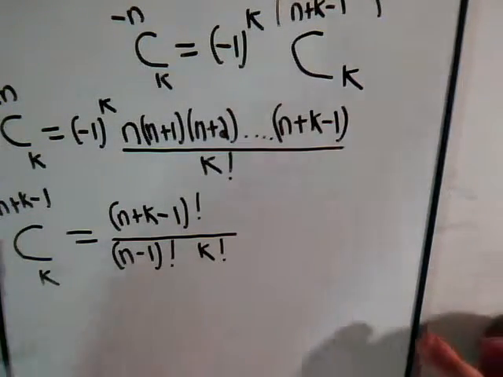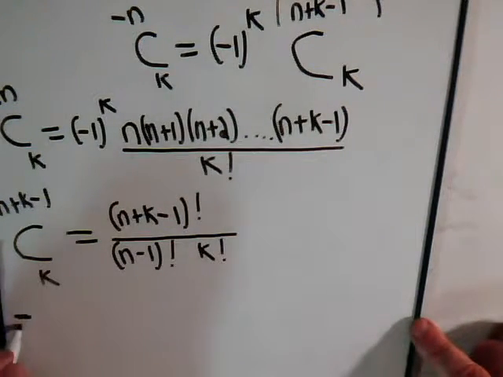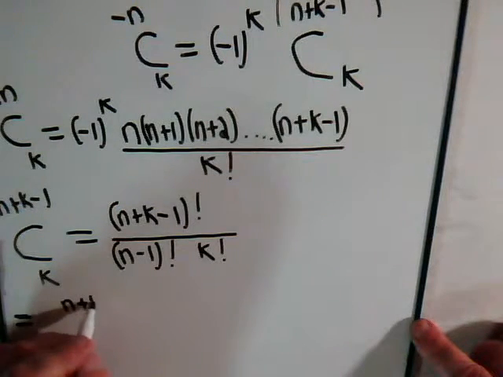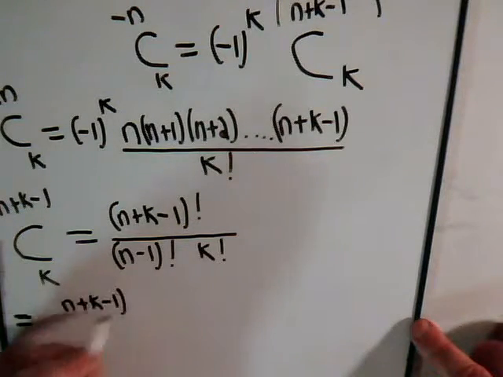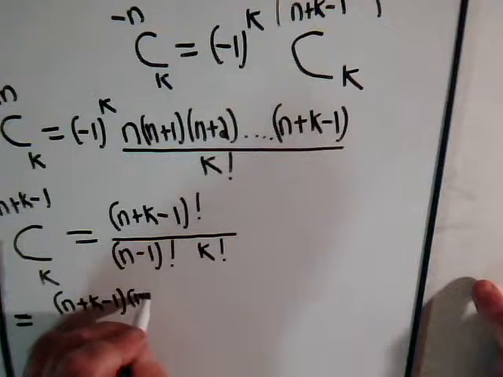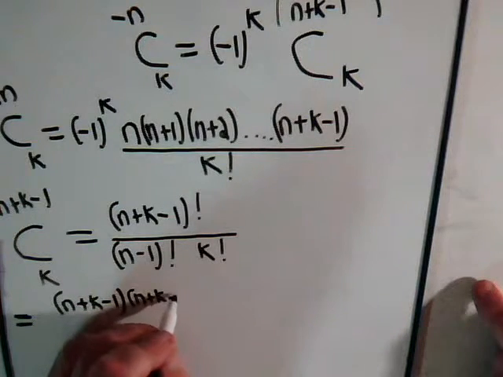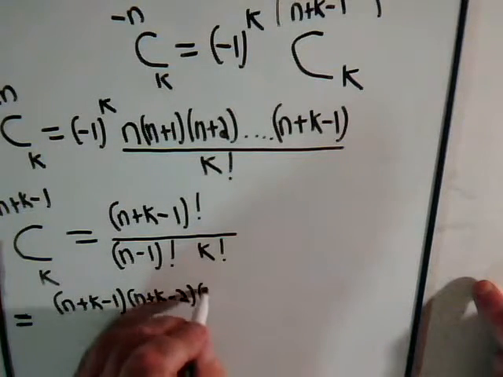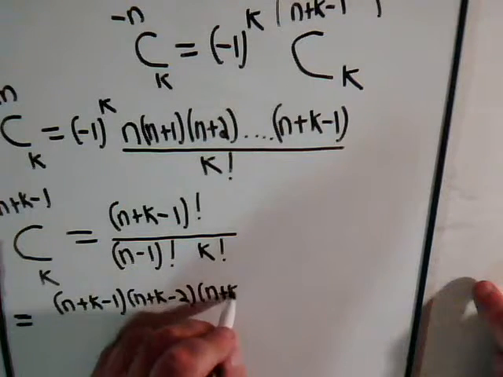What is the numerator going to be equal to? Here we have n plus k minus 1. Then the next number decreases by 1, so that will be n plus k minus 2. Then it decreases again for the next term.